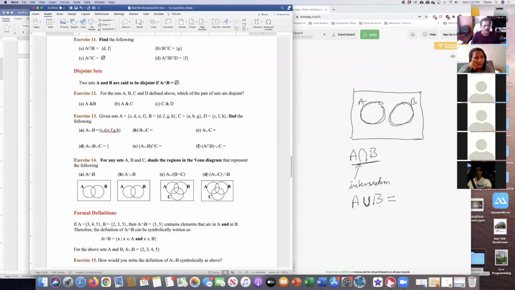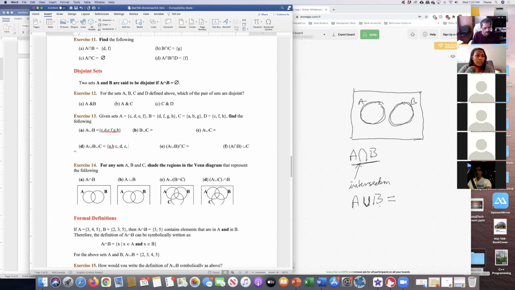So A, B, C, D, E, F, anything else? G, H, isn't it? G and H are there in B. We are combining A, B, and C. So that's the answer for that.